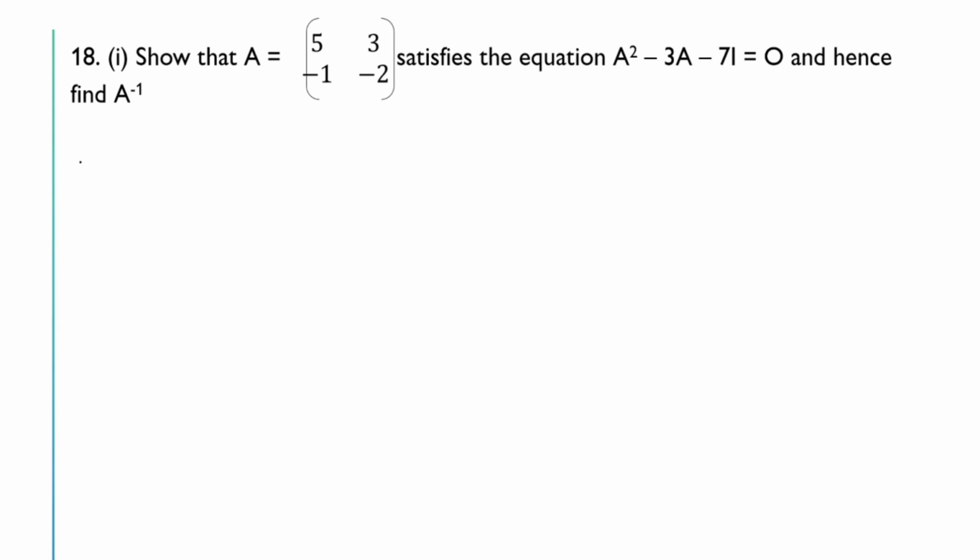So given A square minus 3A minus 7I is equal to O. So to find A inverse, let us pre-multiply by A inverse on both sides.